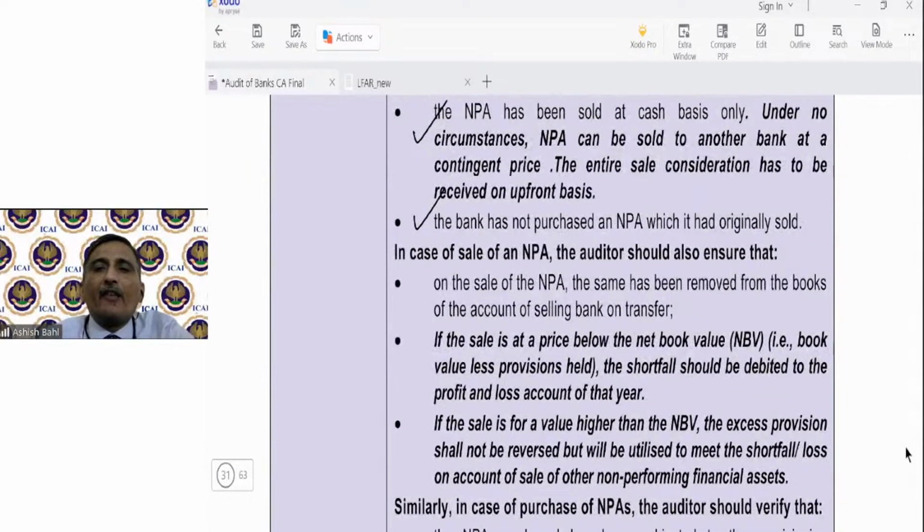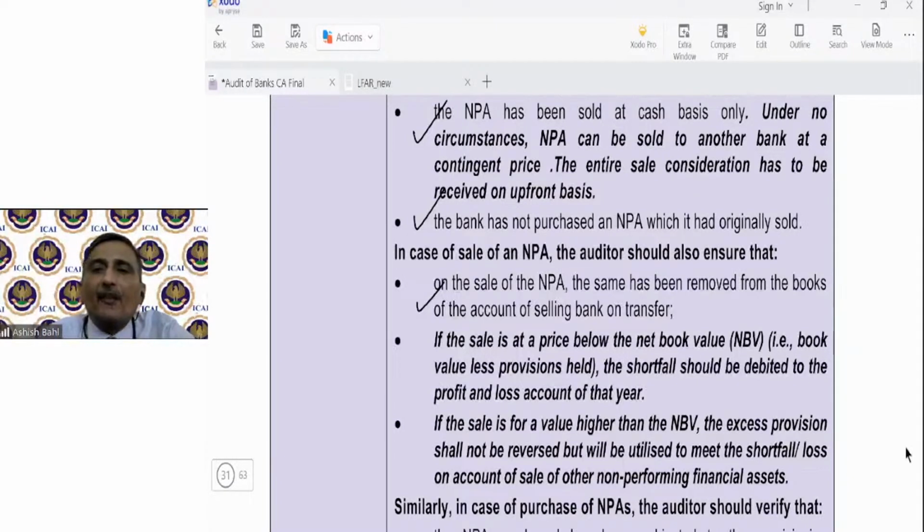And on the sale of an NPA, it is removed from the books of the selling bank, the transferor bank. Say in respect of an NPA account, rupees 5 crore was outstanding, and the asset is transferred to another entity for 4.5 crores.